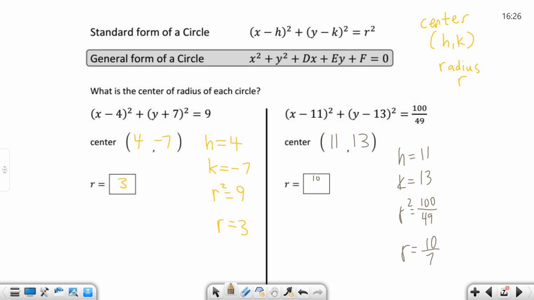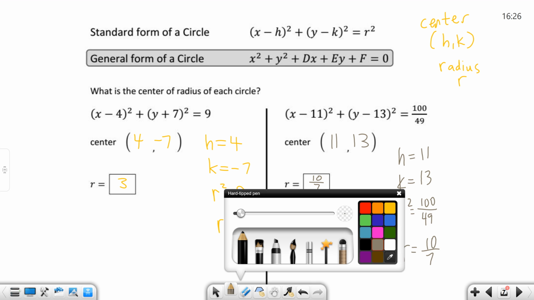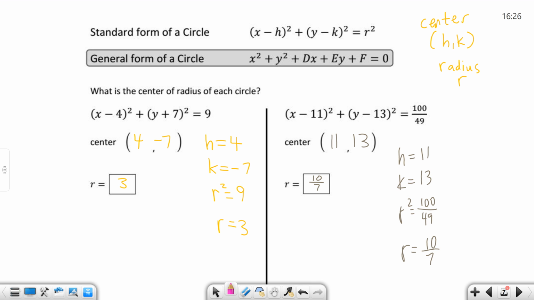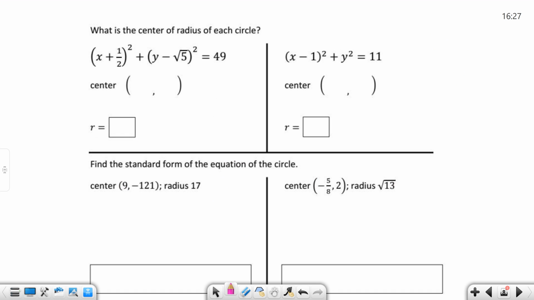And what's the radius? 10 over 7. So 11, 13 is the center, and 10 over 7 is the radius. And look, we're going to use this later. We're going to take this and actually graph one of these things. Now, it would be hard to graph 10 over 7 as a radius because we'd be guessing with that fraction.